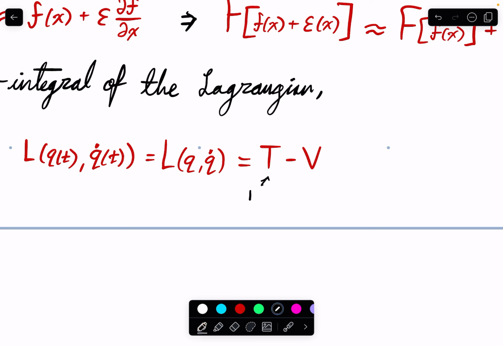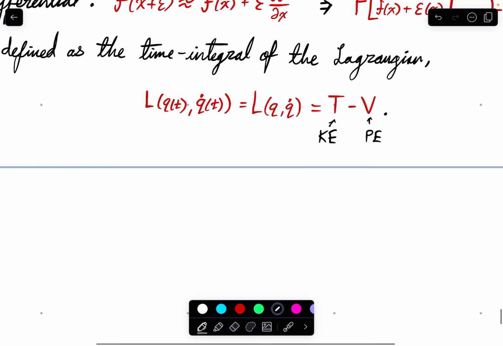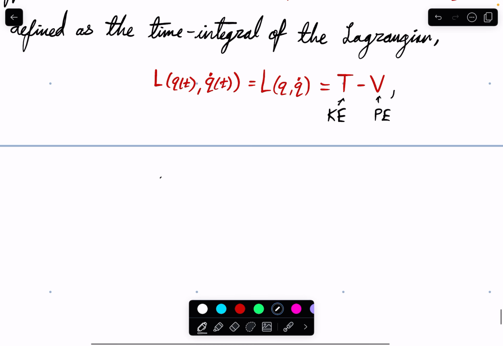So this is kinetic energy, and this is potential energy. So the action is defined as the time integral of the Lagrangian. So therefore, you have S equal to the time integral from some initial time to some final time of the Lagrangian.